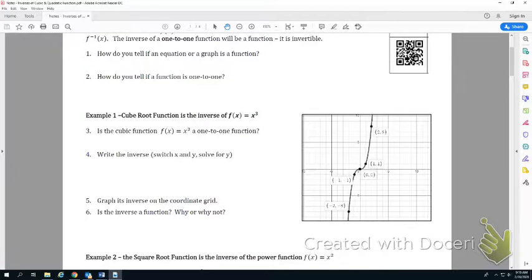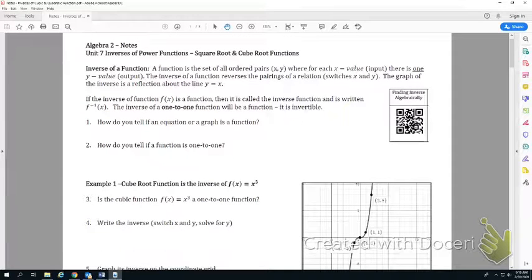So let's go back and look at the second part up here that I didn't talk about. It says, if the inverse of a function is a function, then it's called the inverse function, and is written f to the power of -1 of x.